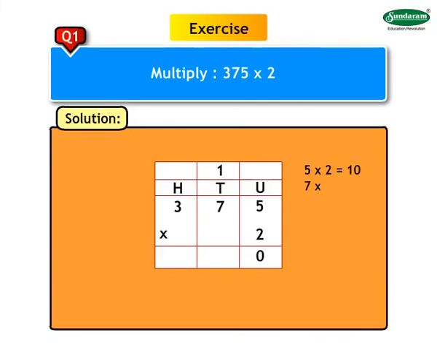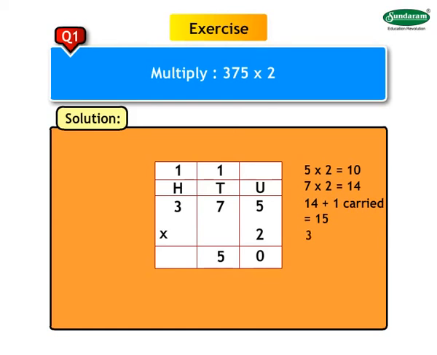Now, 7 tens multiplied by 2 is equal to 14 tens. 14 tens plus 1 ten is equal to 15 tens. Write 5 in the tens place and carry over 1 to the hundreds place.